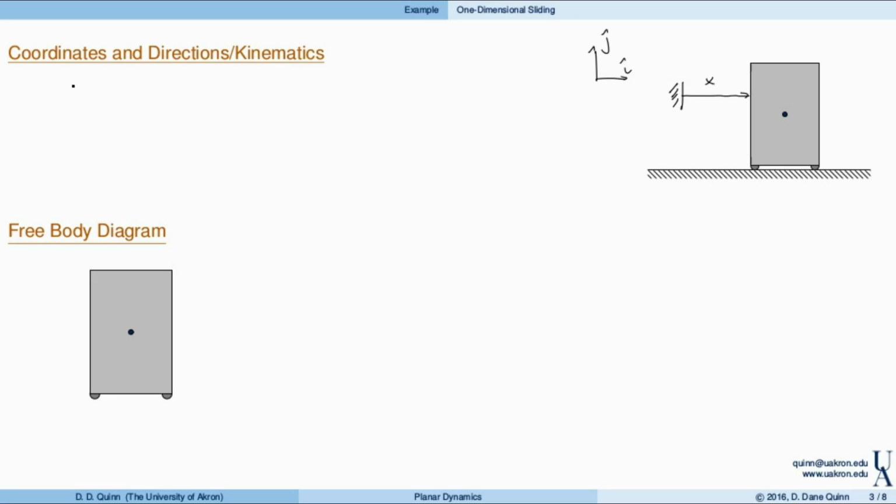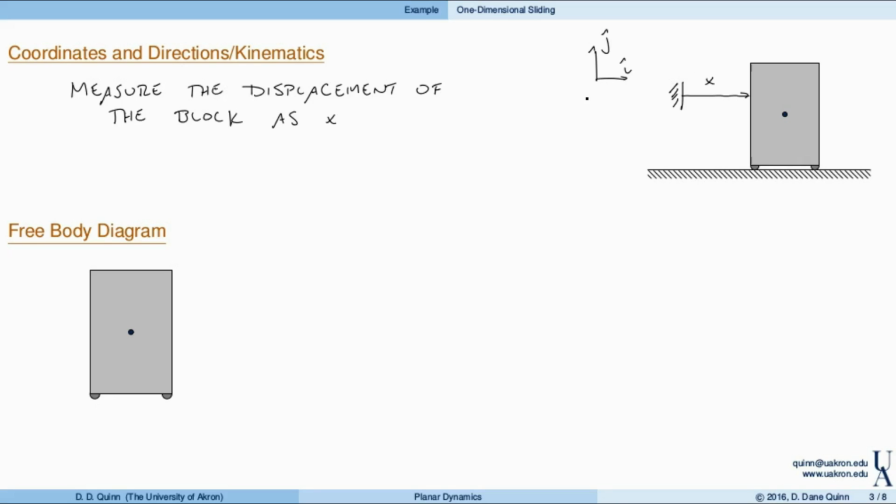So we will measure the displacement of the block as x, again from some reference point that we choose.